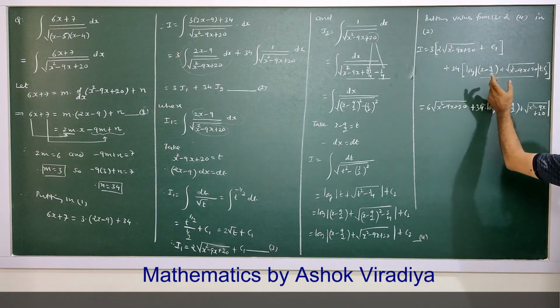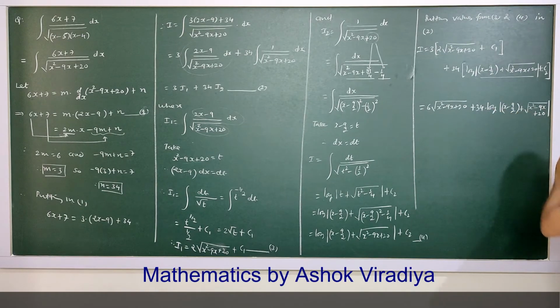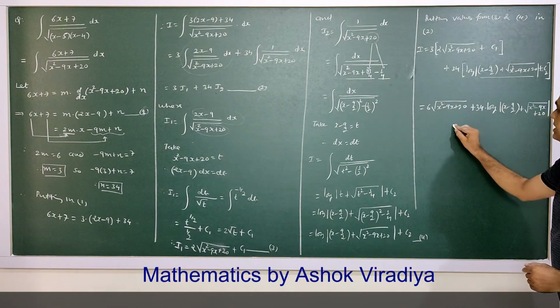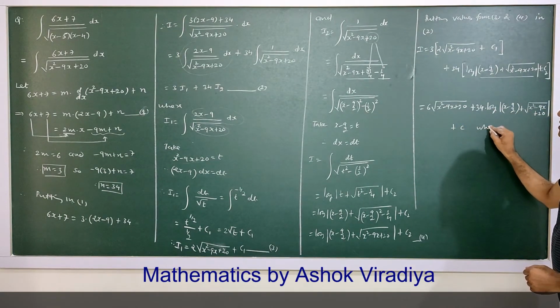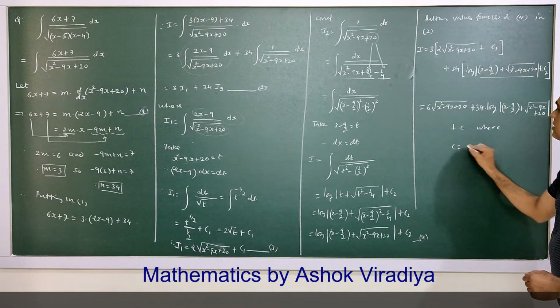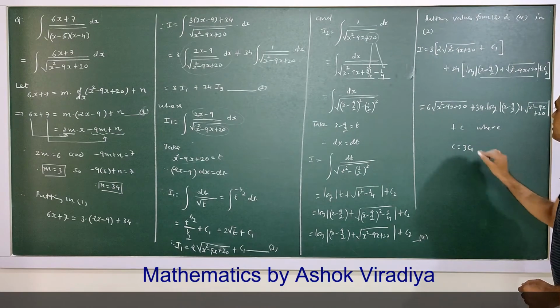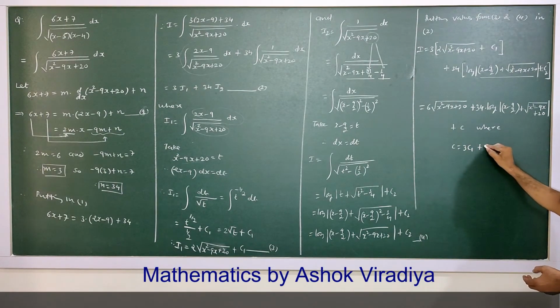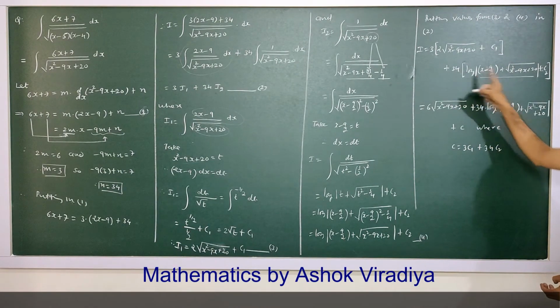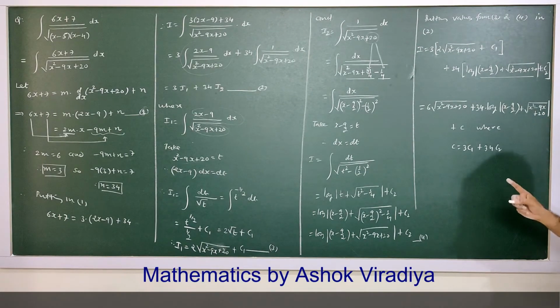So 34 times log of the modulus of this number, plus c. This c is 3 times c1 plus 34 times c2. So c is an arbitrary constant.